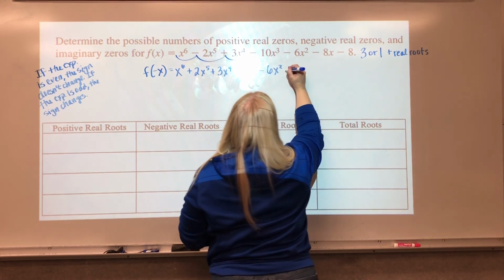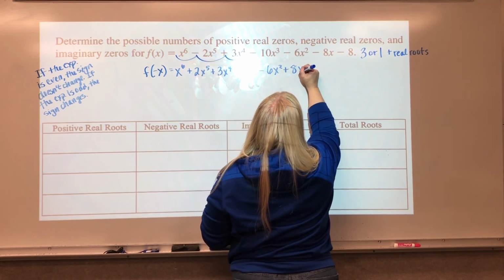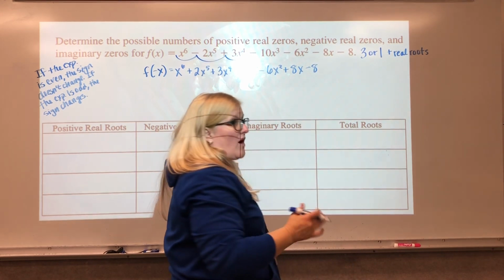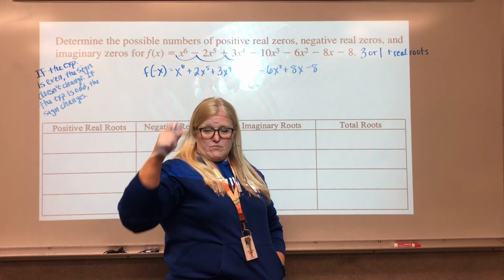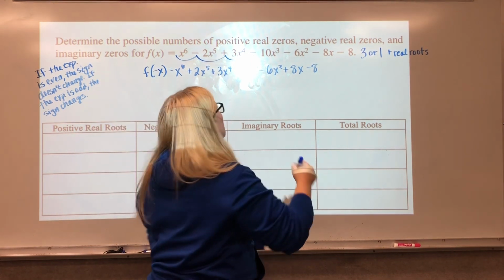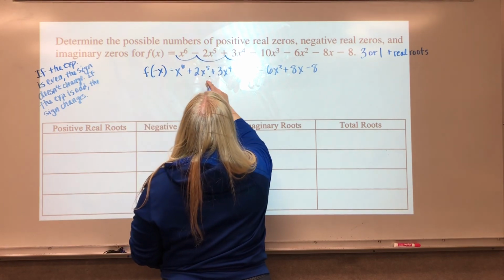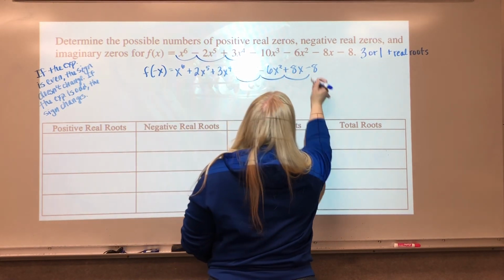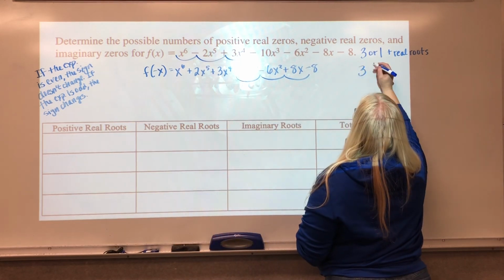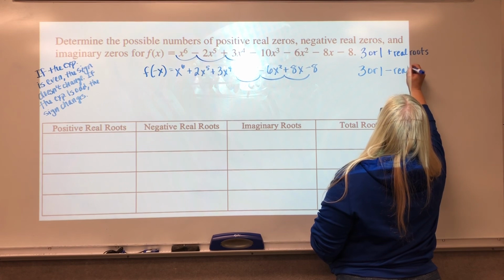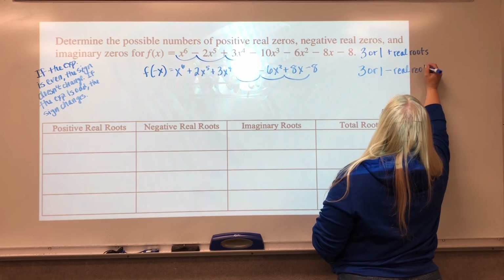Odd changes. And then we have a constant, so that stays the same. All right, so now we're going to count the sign changes again. So these are all the same, but here's a change. So here's 1, 2, 3. So there are 3 or 1 negative real roots.